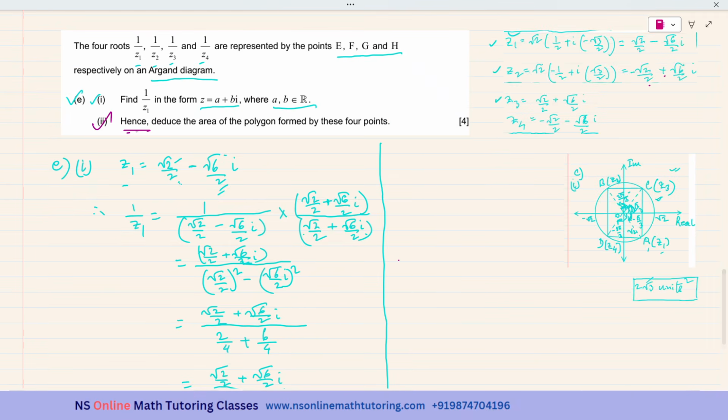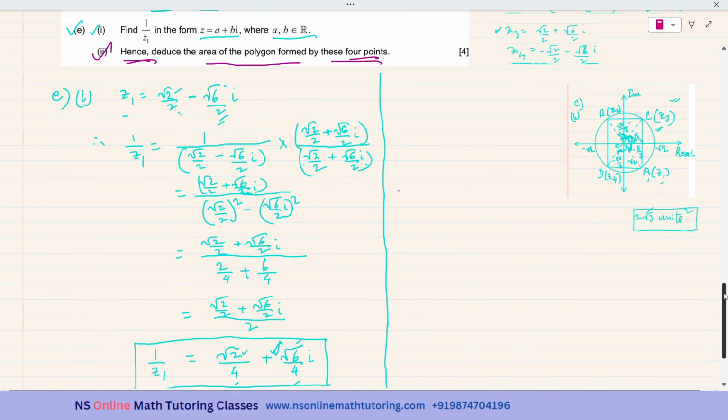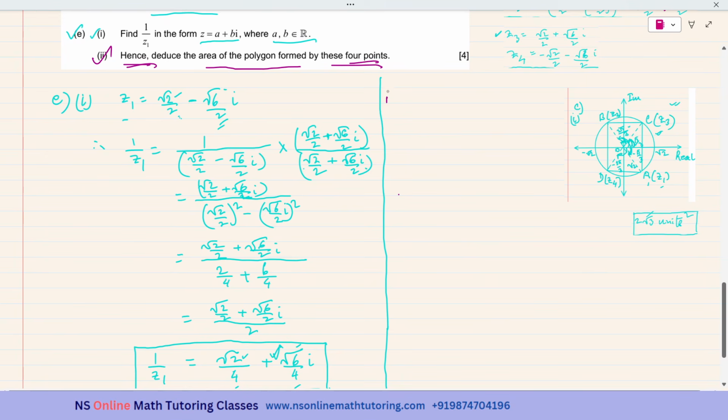Part II. Hence, deduce the area of the polygon formed by these 4 points, 1 over z1, 1 over z2, 1 over z3 and 1 over z4. Okay, so let me rewrite this 1 over z1 again. Because I'll be needing 4 points, I just want to relate this one with the previously found roots.